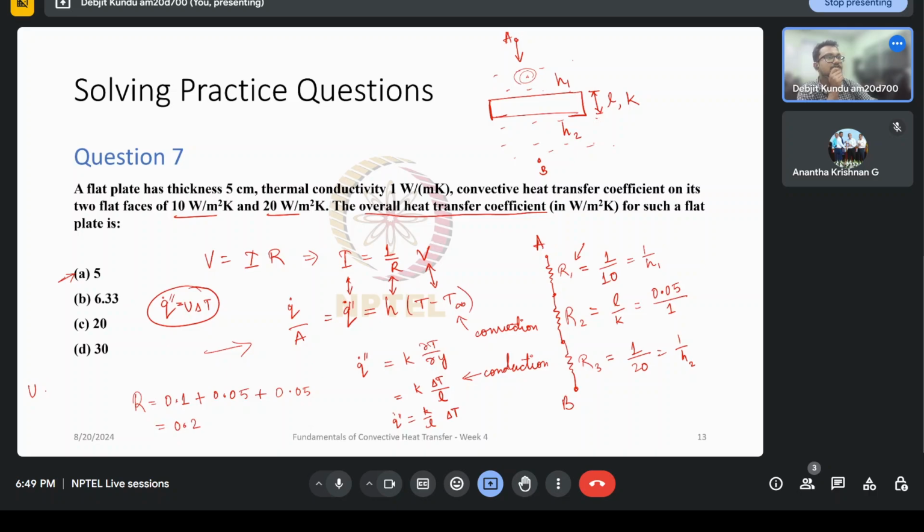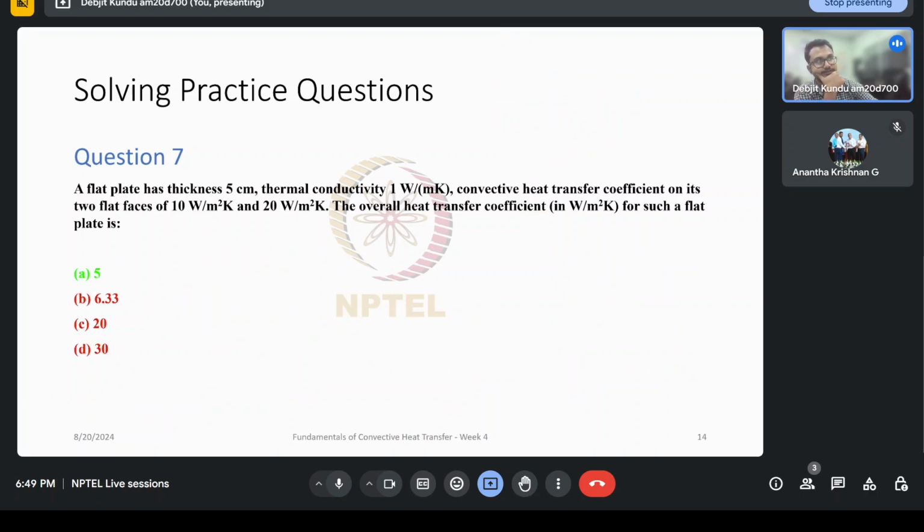Yeah. So that U is equal to 1 by R, and that is 1 by 0.2, and that should be 5. So yeah, option A should be the correct answer. And it is indeed the correct answer. Any questions on this?